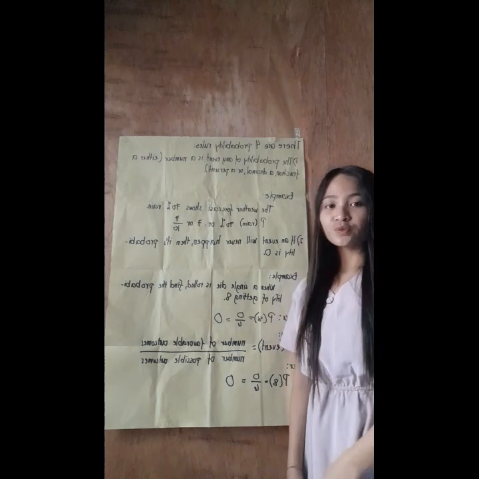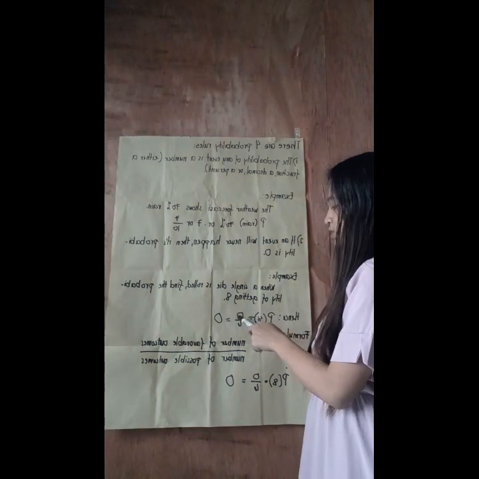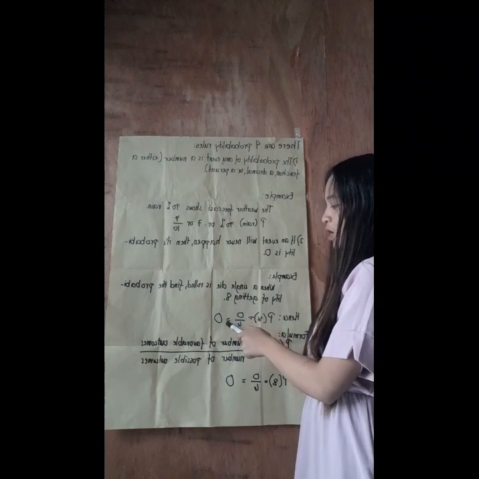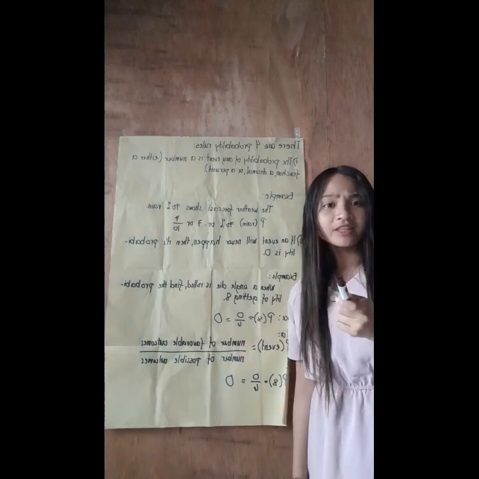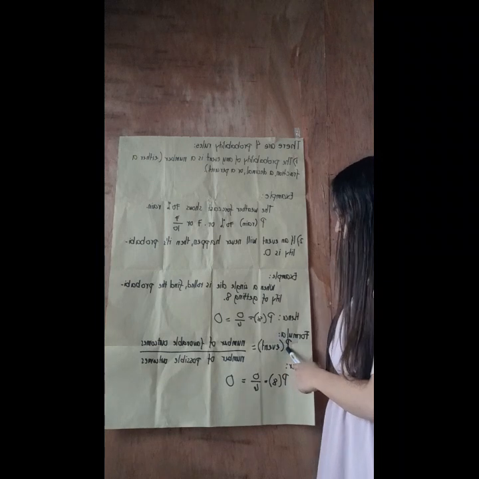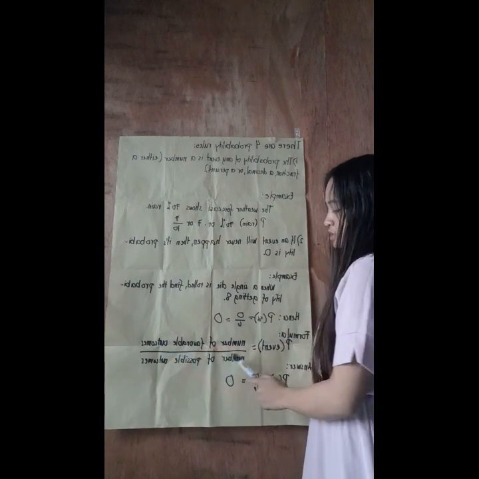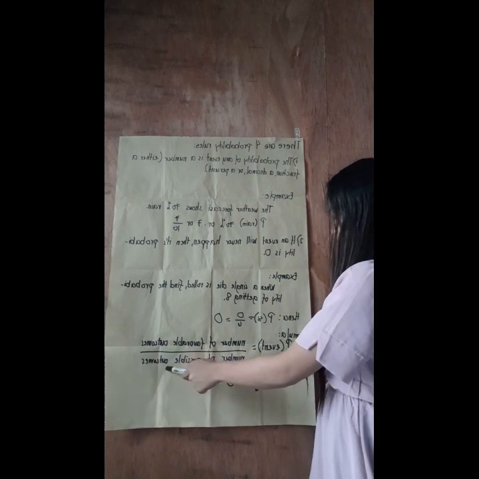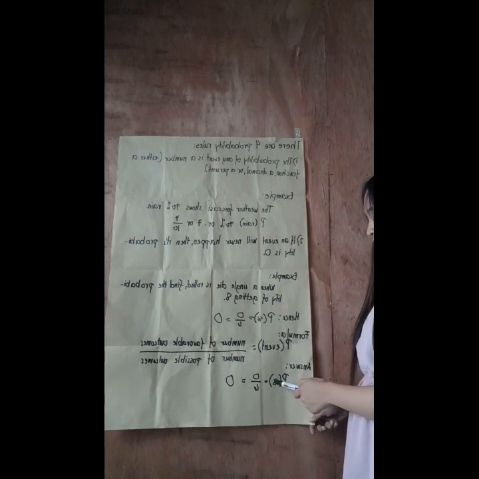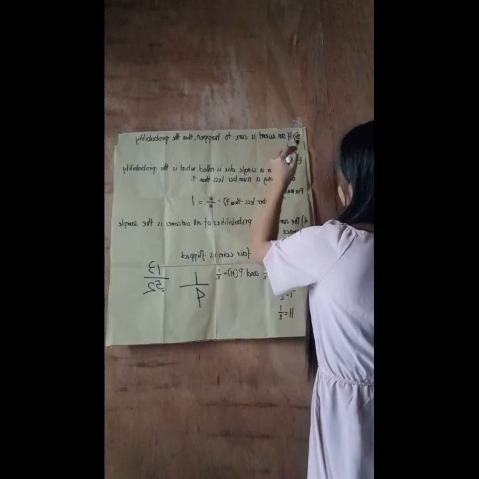Therefore, our answer will be P(8) equals 0 over 6 or 0/6 equals 0. Where did I get this answer? From the probability formula, probability of an event equals number of favorable outcomes over number of possible outcomes. So our answer is P(8) equals 0 over 6 equals 0.